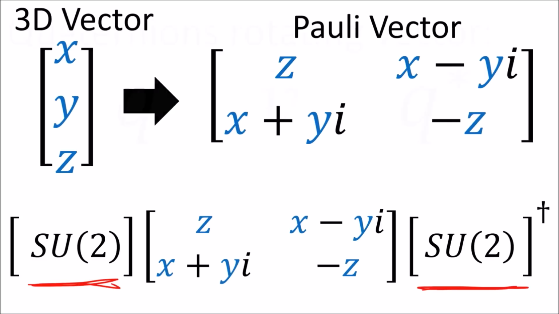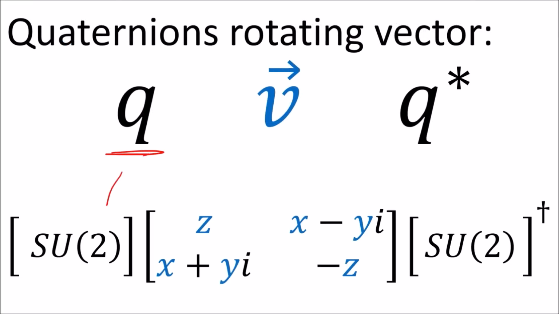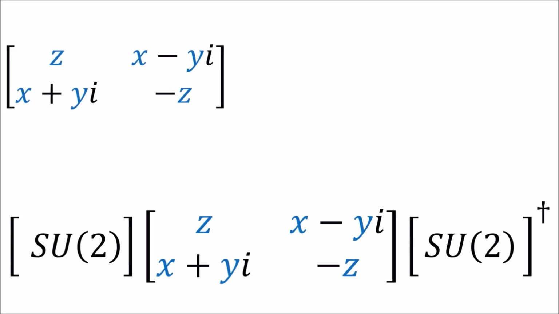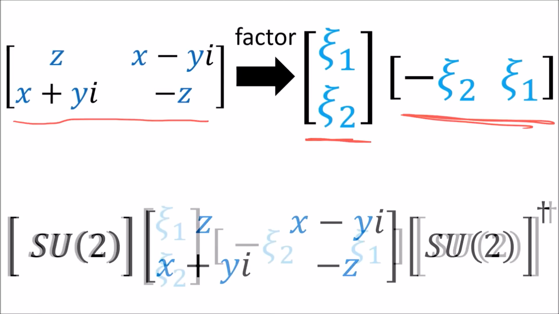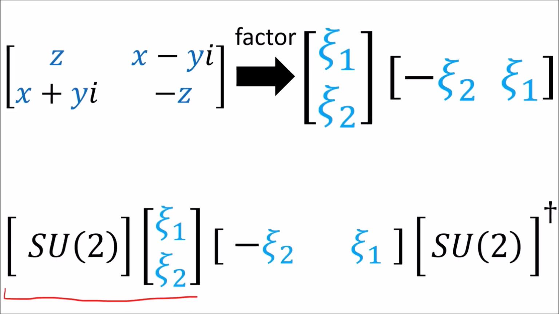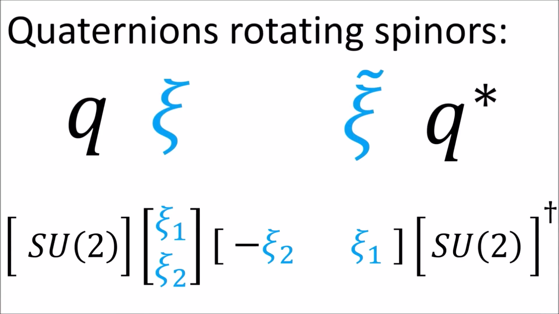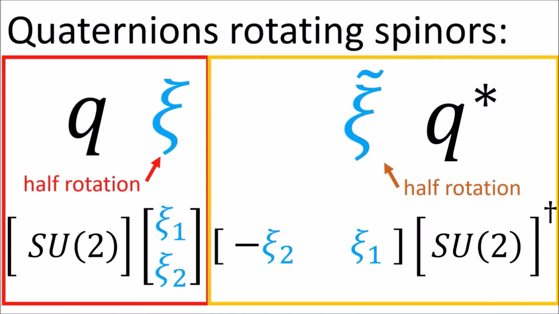If you're familiar with quaternions, this is equivalent to rotating a vector with a pair of unit quaternions. We're going to see that we can factor this 3D vector into a pair of spinors, and each spinor will rotate with a single SU2 matrix. In other words, spinors transform with a single quaternion instead of 2 quaternions.